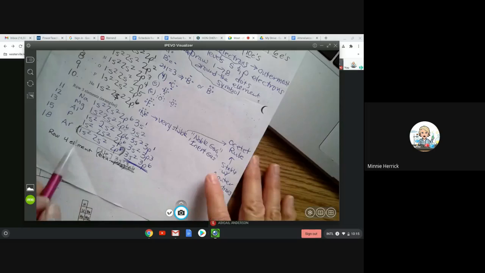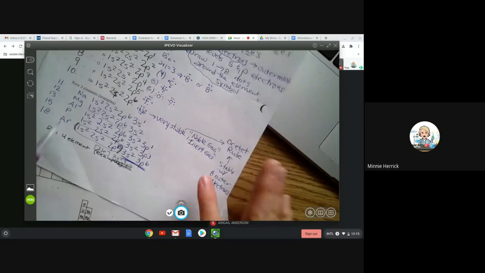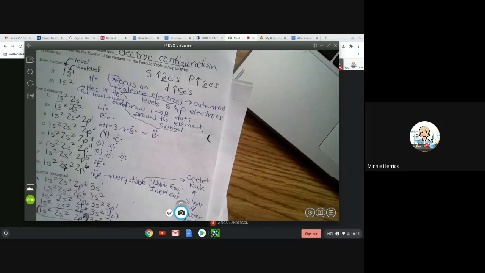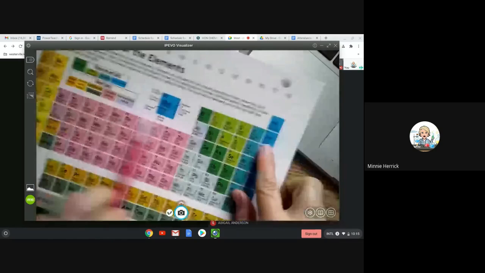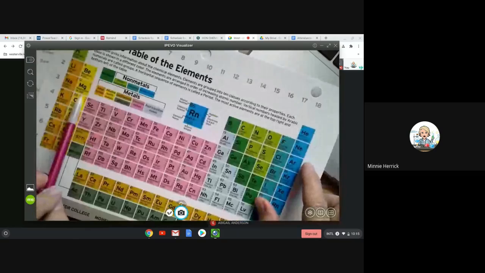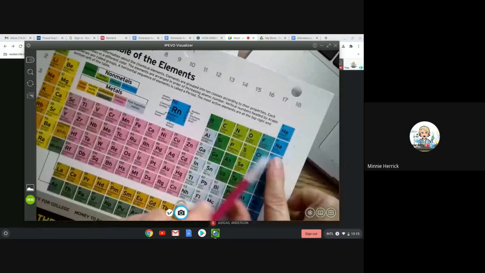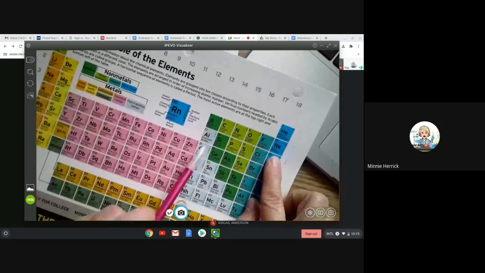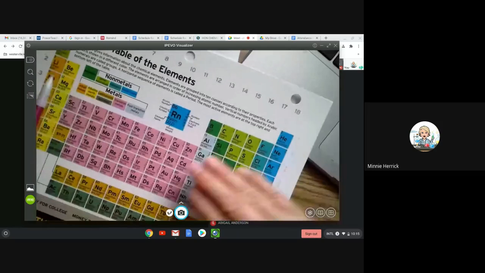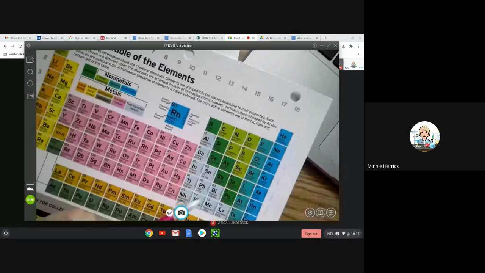Okay, so when you get to the end of a row, you can substitute all of the inner rows for the previous noble gas. In the periodic table, if you have somebody in row 3, you could write neon and write 3s2 for magnesium. Or if you had phosphorus, you could write neon and write 3s2, 3p3, because the inner part is important, but it's really these 5 last electrons that dictate how phosphorus is going to bond.